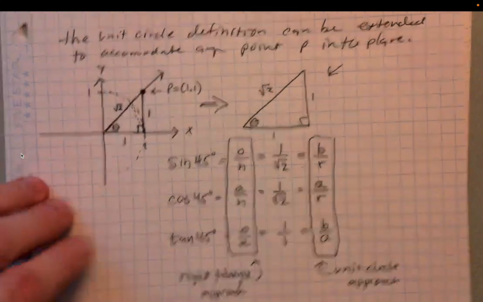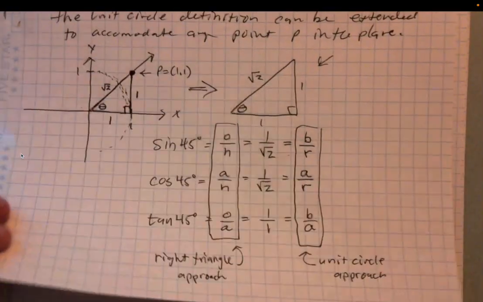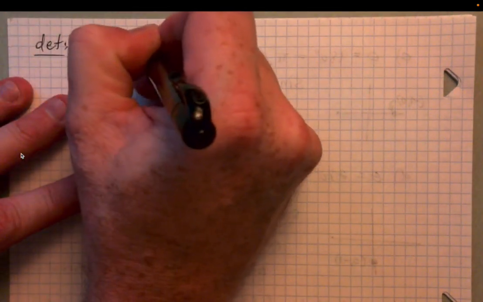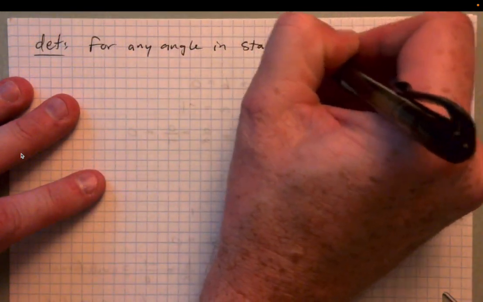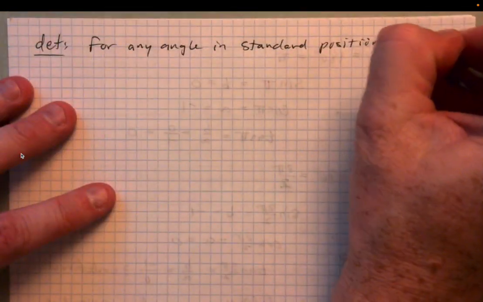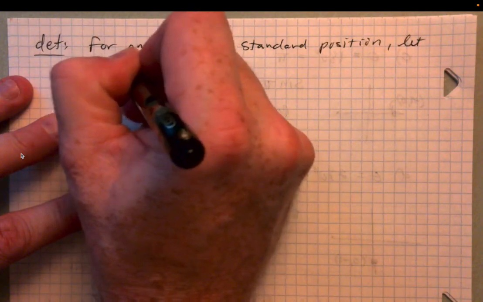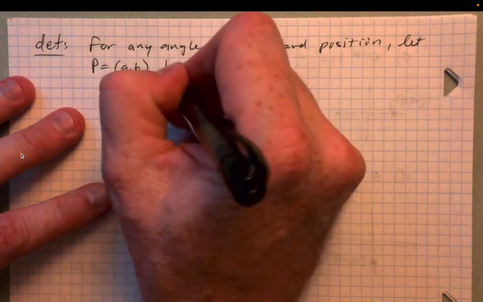Okay, so let's go ahead and define this now. This is kind of our motivating example, and I'm going to come up with a formal definition here. Okay, so the definition: for any angle in standard position, let P equals (a, b) be a point on the terminal side of theta.